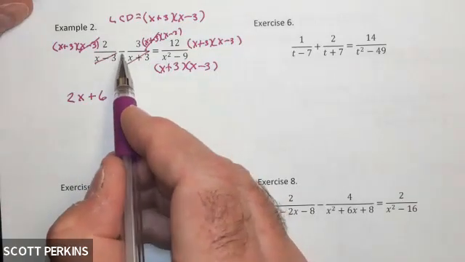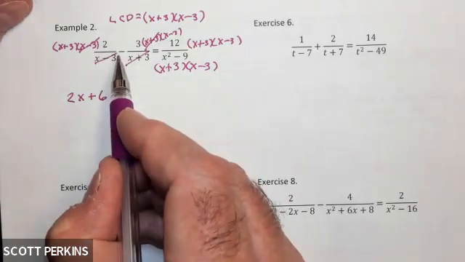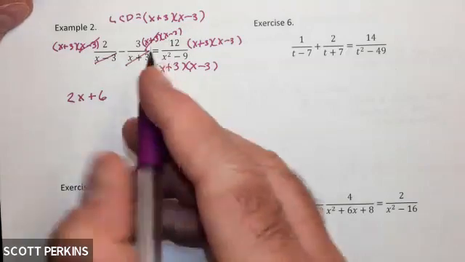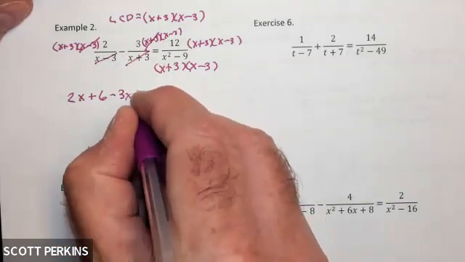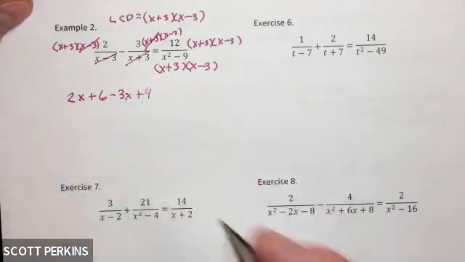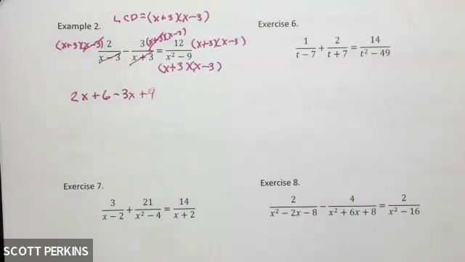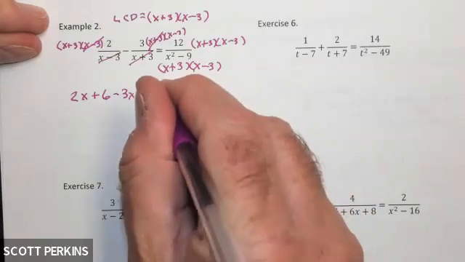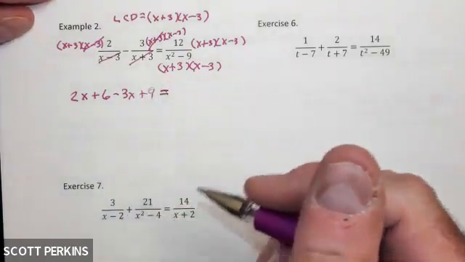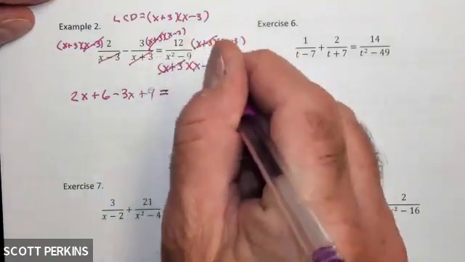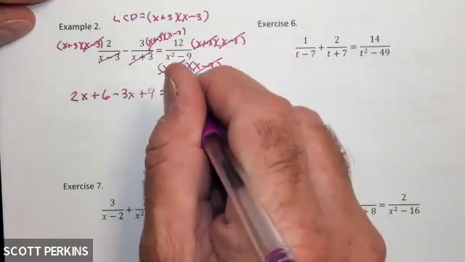And now I've got, don't forget this negative, this minus sign, negative 3 times x minus 3. So that's going to be negative 3x plus 9. And then on the other side of the equation, what cancels over there? Everything does. Woohoo! And I'm just left with 12.